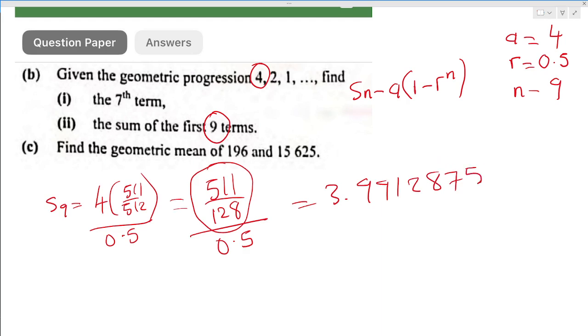That's a 5. I confirm 3.99121. Yeah, 3 point. So I made a mistake here. Okay, it should be 3.99218 and then divided by 0.5.